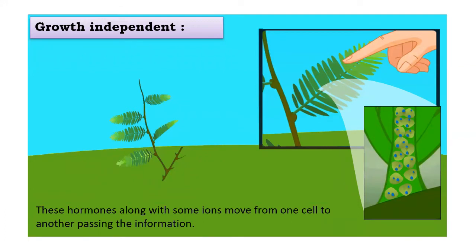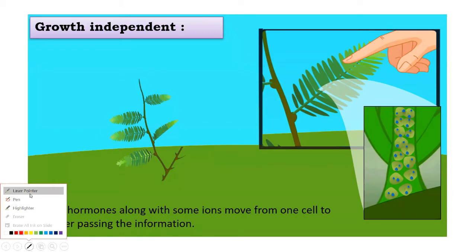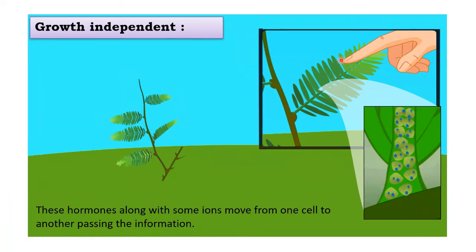For example, let me mark it for you. Let us say this region has been touched, so this leaf will also shrink in size. How does this leaf come to know that that leaf has been touched? It is because of the release of certain chemicals, which will spread throughout the leaves.